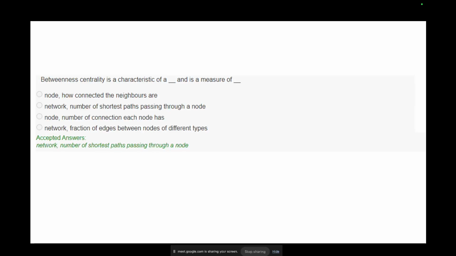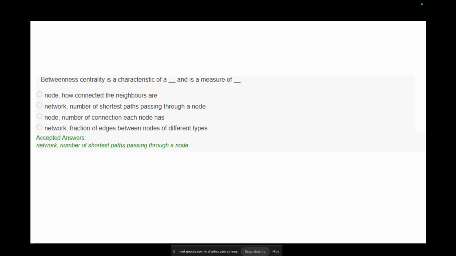This question is a little weird. I get it. It is calculated on individual nodes, but in many cases you'll see betweenness centrality given as a measure of the whole network to tell you how in general two nodes in the network are connected, and it gives you the number of shortest paths actually passing through the node.